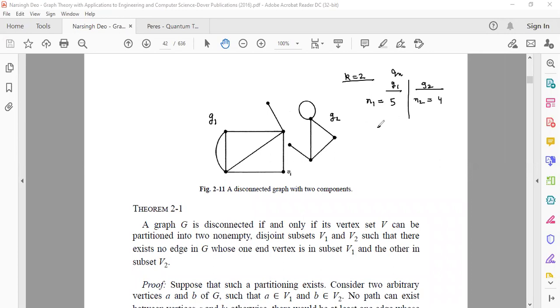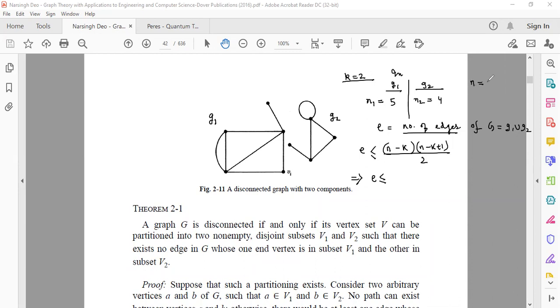So if I consider that E is the number of edges of the graph G, which is G1 union G2, according to the theorem, E must be less than or equal to (n minus k)(n minus k plus 1)/2.